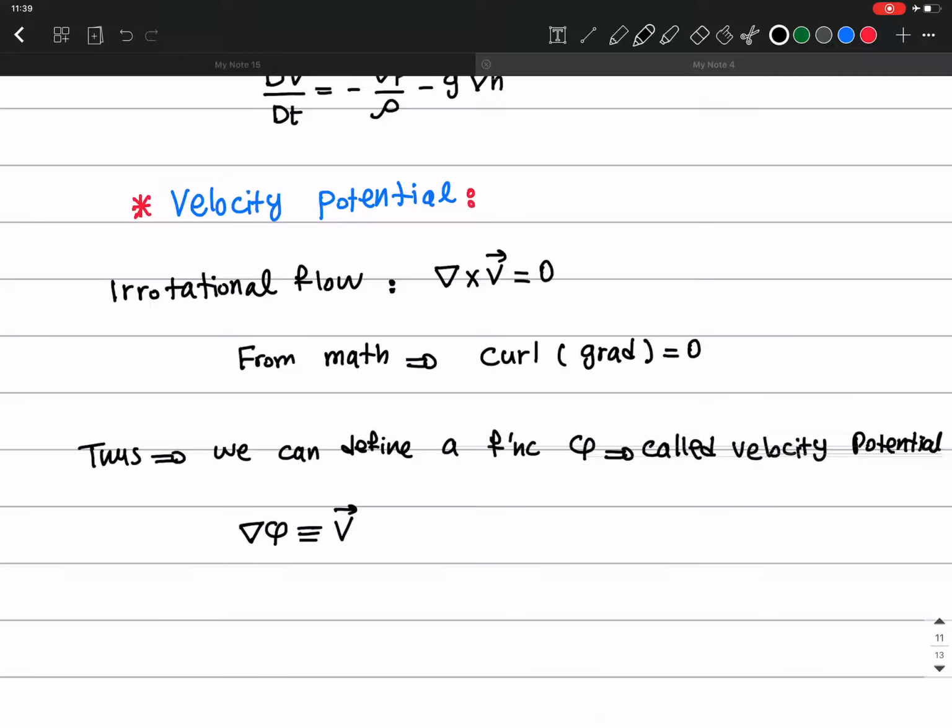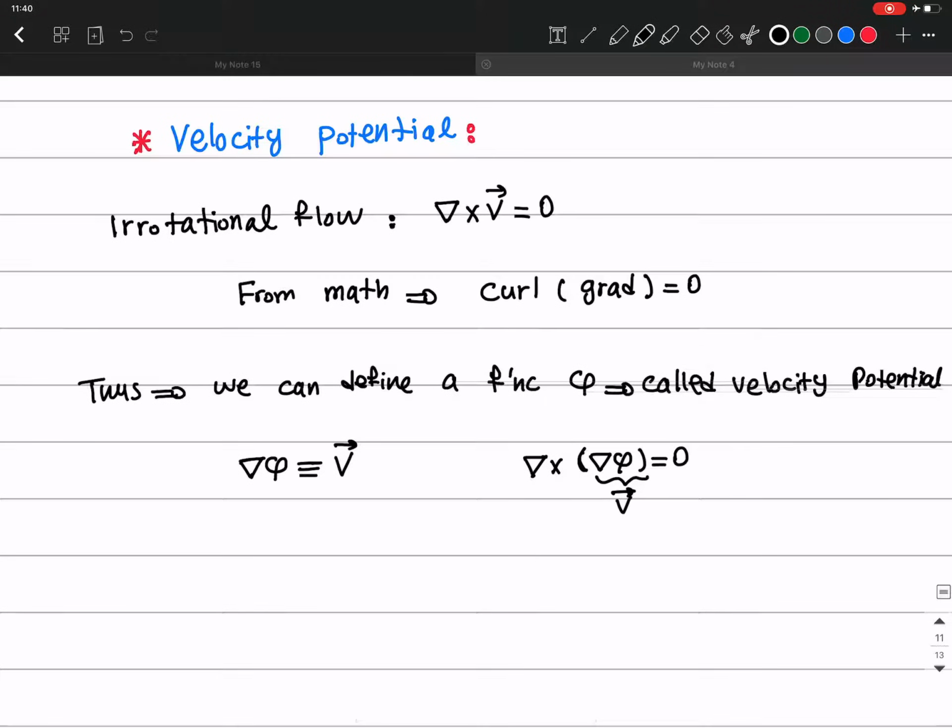Because the curl of grad is going to be 0. This is a mathematical identity, and this is also valid for irrotational flows if grad phi is velocity, and so we call this phi a velocity potential.